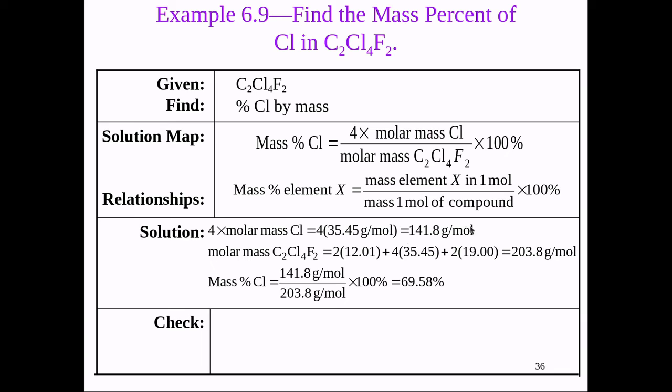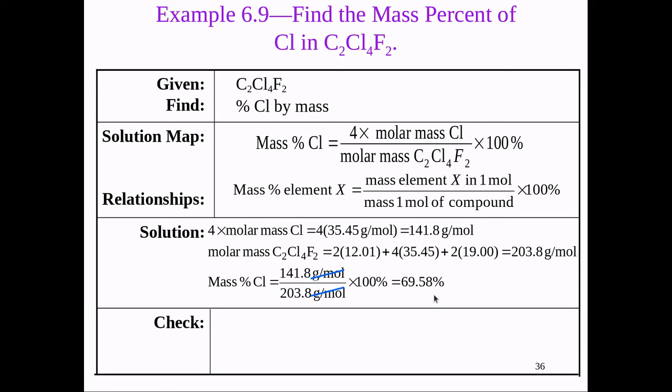Now, we know that only a portion of this whole is chlorine, so this value should be less than this one, and it is, and that makes sense. So now we know that mass percentage is going to be this mass of just the chlorine divided by this mass of the whole. We'll multiply that by 100%, and we get 69.58%.